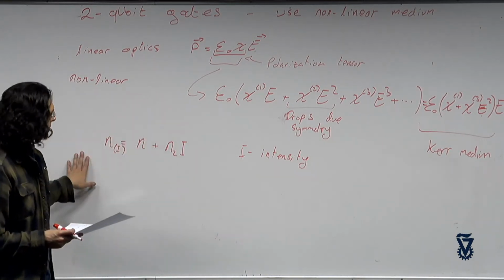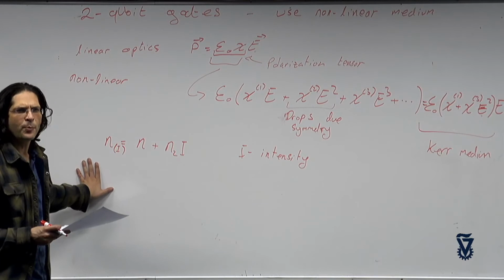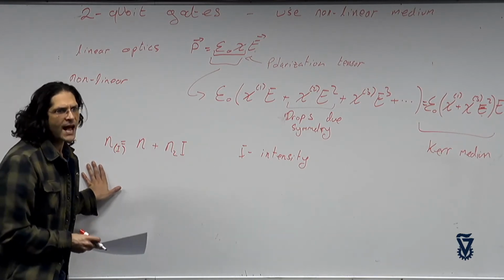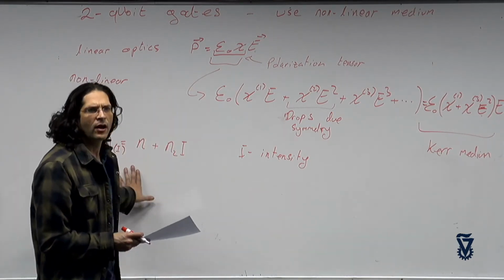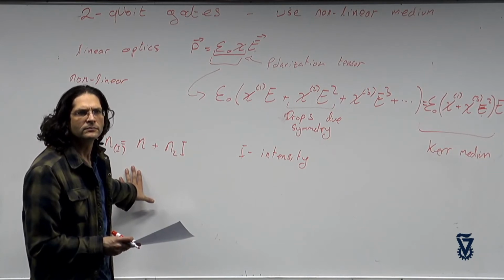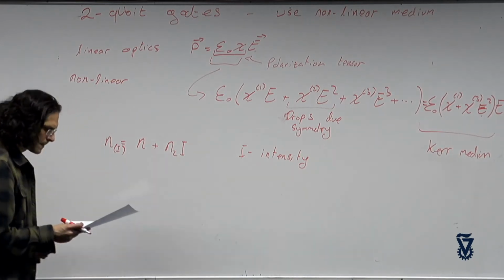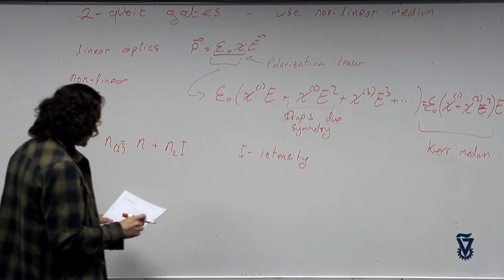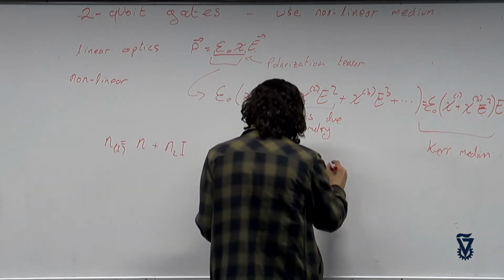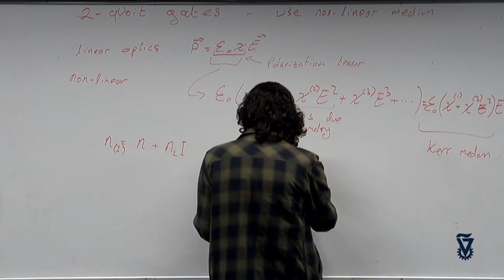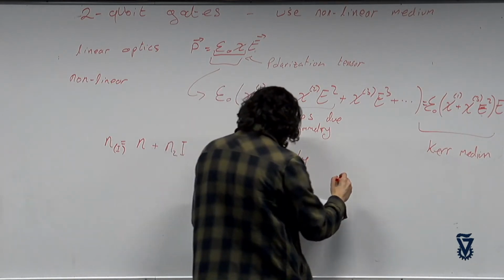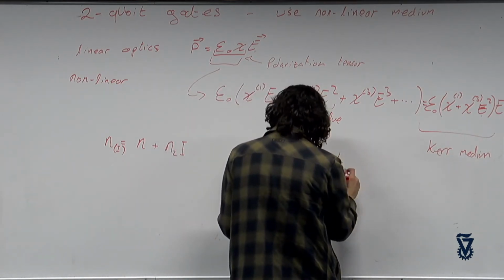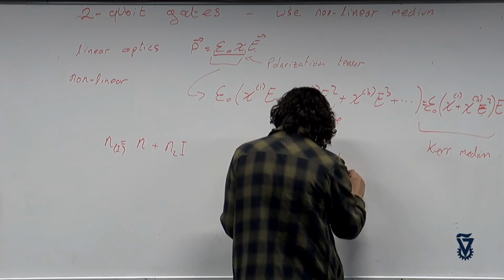And I'm not going to do it on the board, but you can open up Wikipedia, and it has a nice simple derivation of this thing. So, Wikipedia is quite nice for many things. And I is the intensity, given in units of watt per centimeter squared.